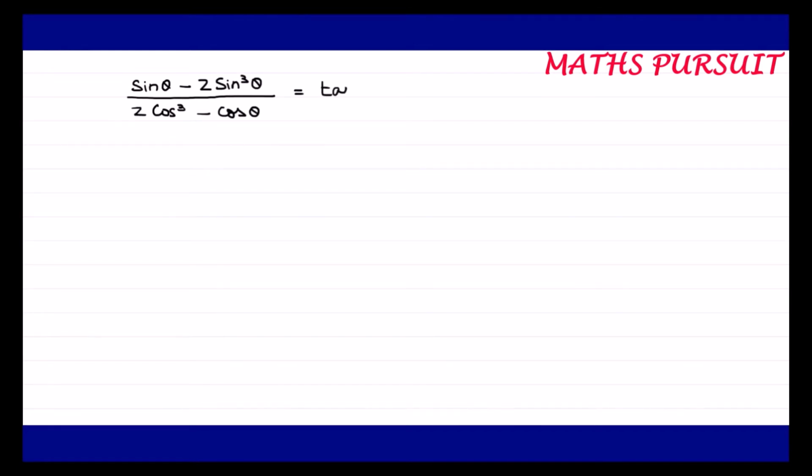So guys, we will start with the left hand side of the expression and we will reach tan theta, so that we can say that the left hand side of the equation is equal to the right hand side of the equation. Now the left hand side of the equation we are going to start with.